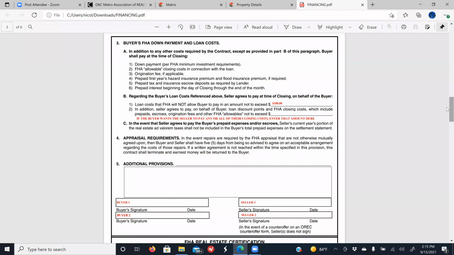If the buyer wants or needs the seller to contribute to their closing costs, then you will add that amount there.